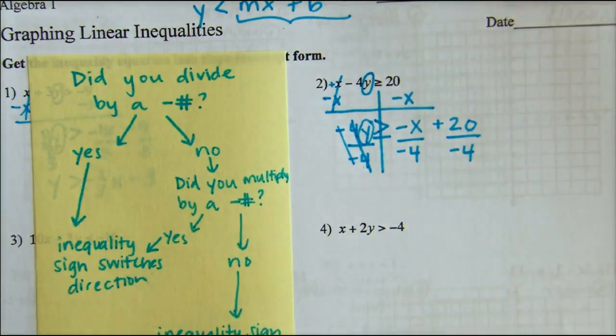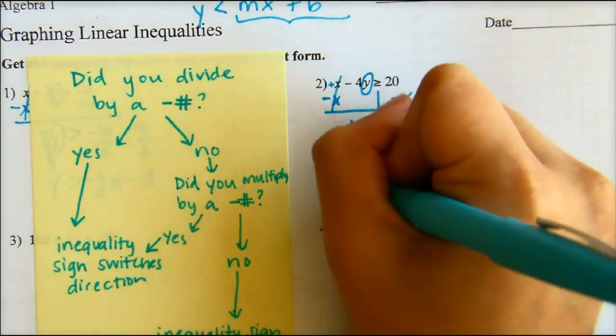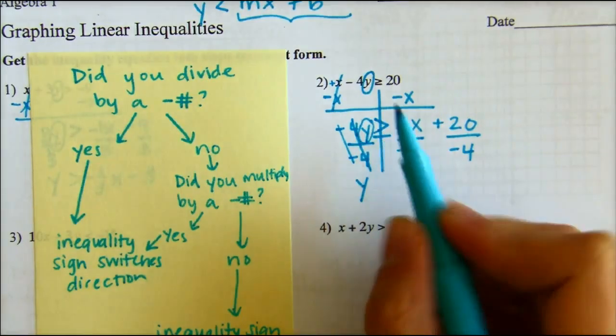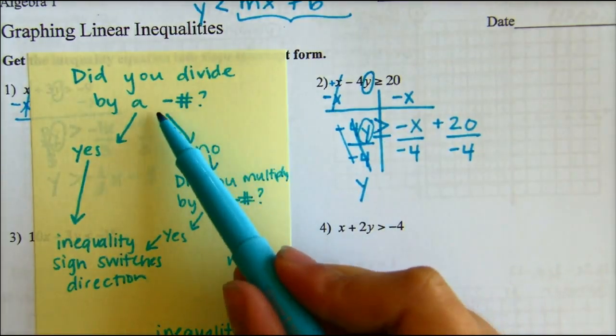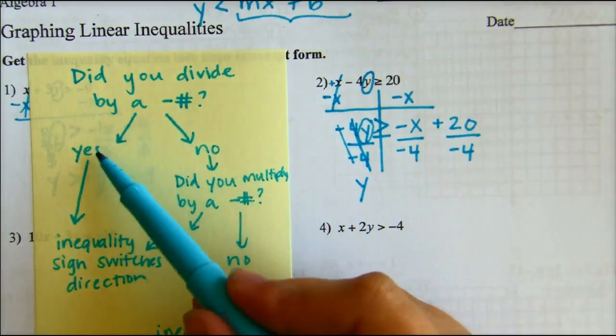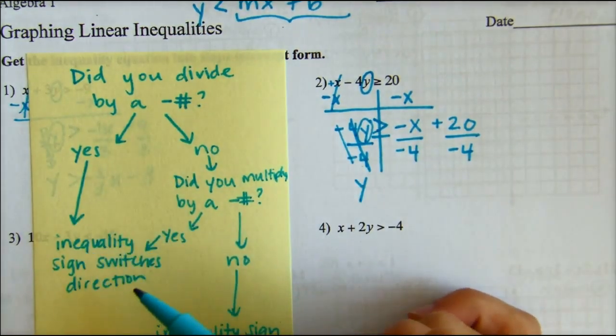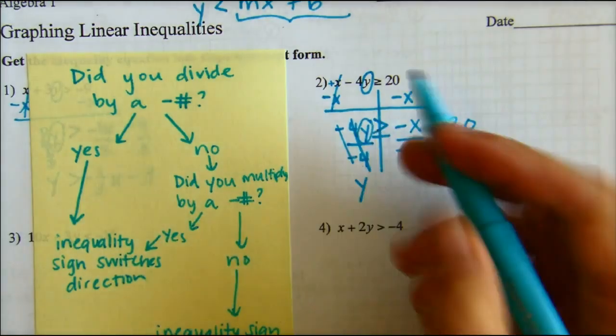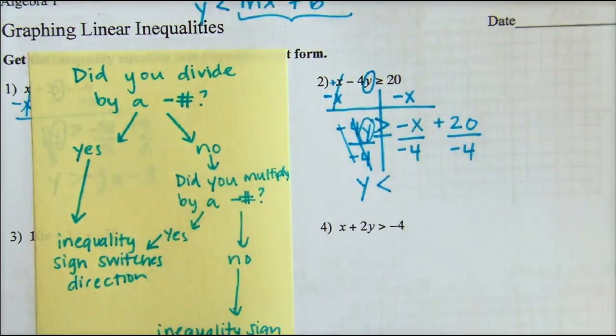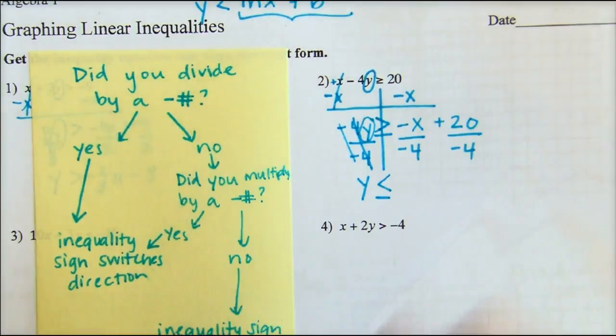Both the negative and the 4 will cancel, leaving me with y. Checking my sign, did I divide by a negative number? Yes, I divided by a negative 4, so my inequality sign has to switch directions. It was greater than or equal to, now it's going to be less than or equal to.